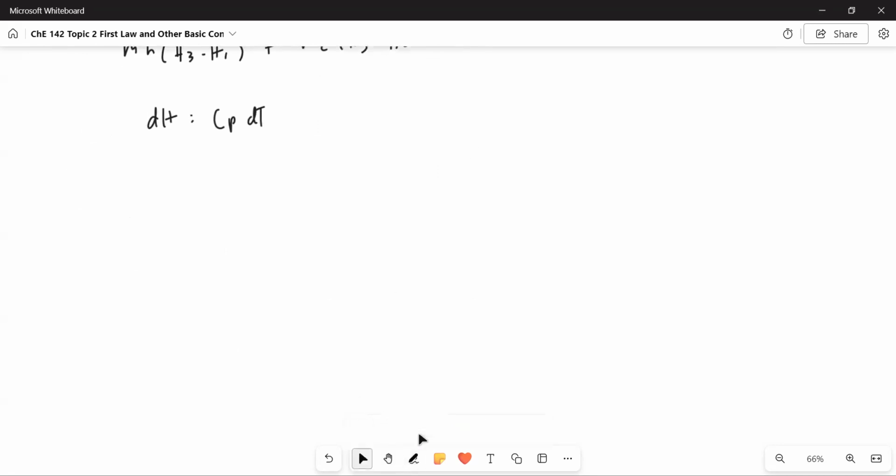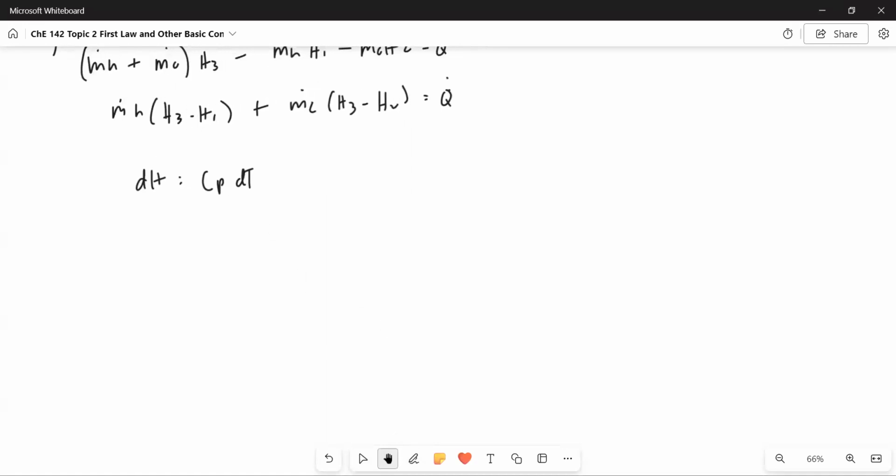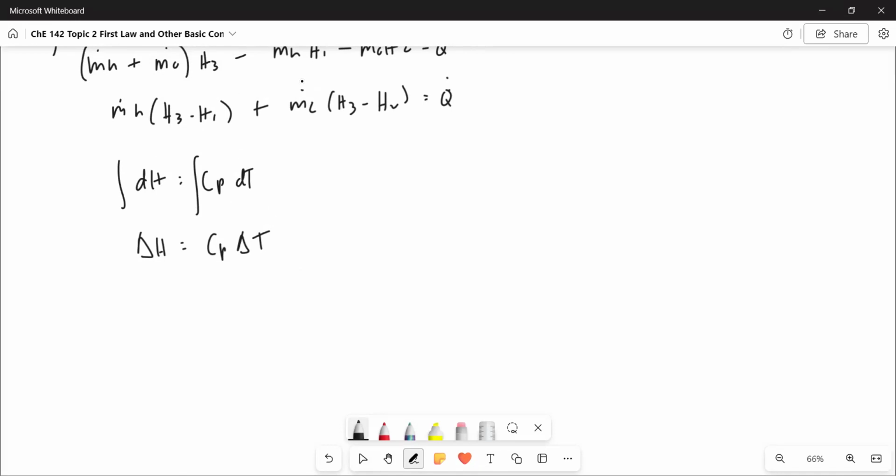We can replace our delta H, integrated, and since CP is constant, delta H is CP delta T. So this is a delta H, and this is another delta H. We can replace them with the delta temperature.